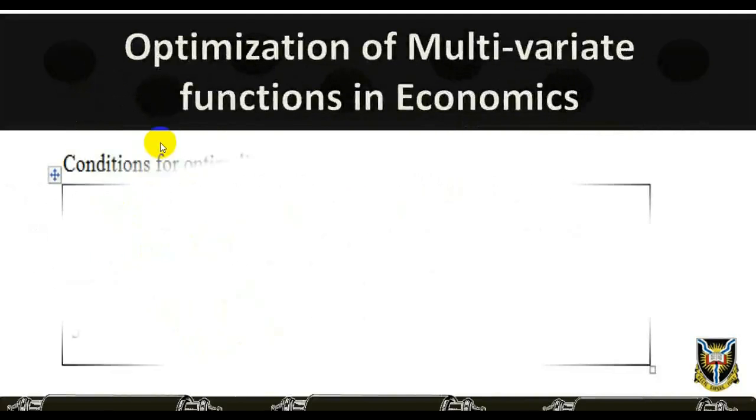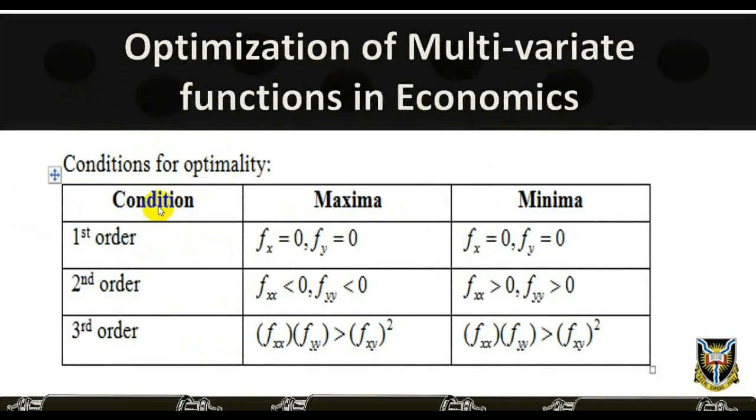Conditions for optimality. Condition 1, first order. Maxima: f_x equals 0, f_y equals 0. Minima: f_x equals 0, f_y equals 0. Second order. Maxima: f_xx less than 0, f_yy less than 0.